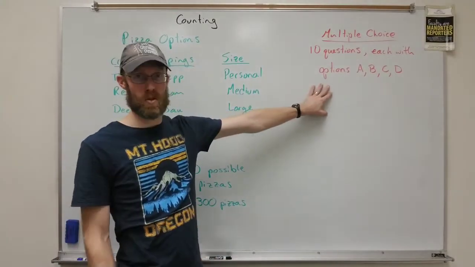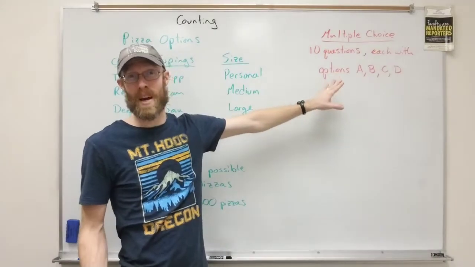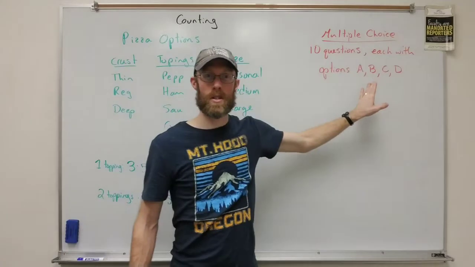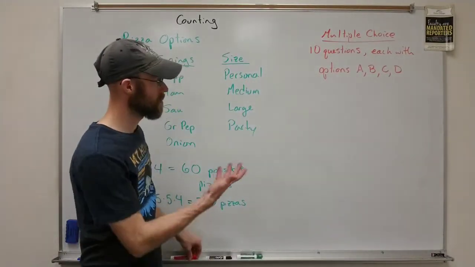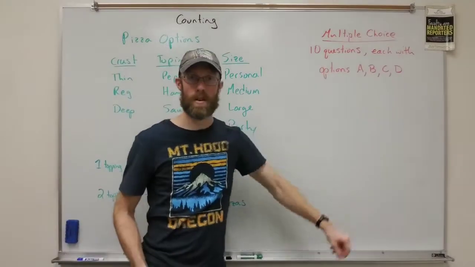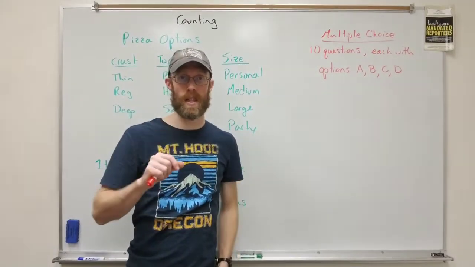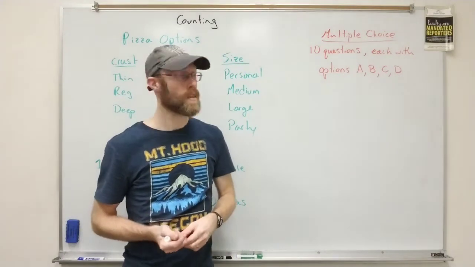Let's say you had a multiple choice test, which I never write. However, let's say you had one in another course, and there were only 10 questions, and each question had an A, B, C, or D option. The problem then is how many possible ways are there to fill that out? If you were to randomly fill in each of those answers, how many different ways are there to do that?